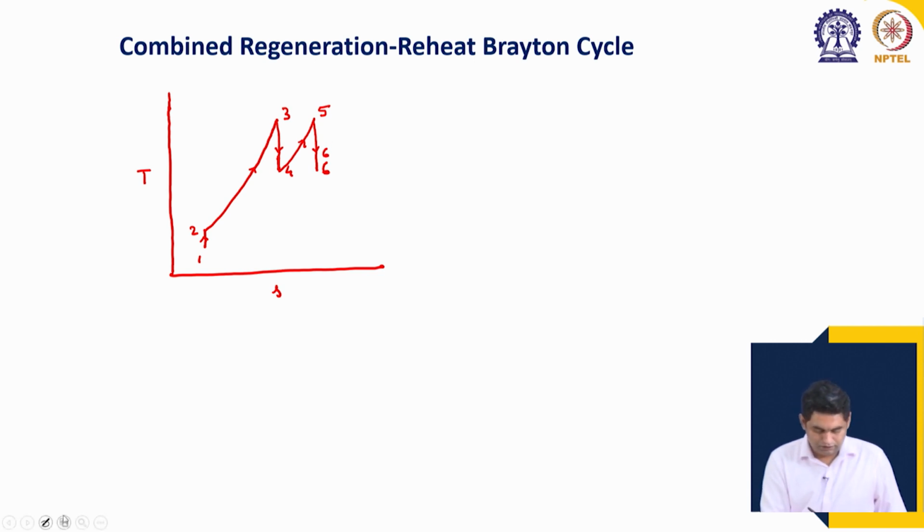In the reheat cycle we would close the cycle going from 6 to 1, but here we have two additional processes. Let us draw in another color: we have the regeneration processes.